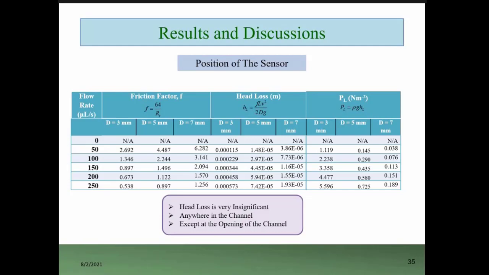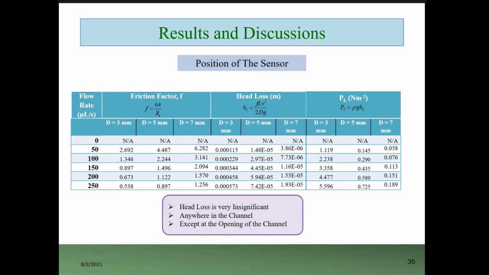So it was concluded that the sensor can be placed anywhere in the channel except the opening of the channel. Because if I place my sensor at the opening of the channel, what will happen? When the fluid flows through the channel, it will hit the sensor directly, and it will give me some fluctuated value, even though it will give appropriate pressure.